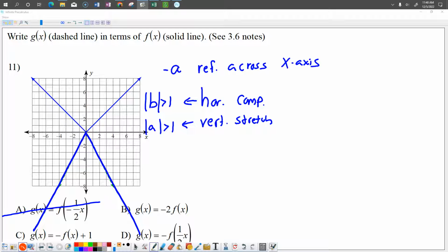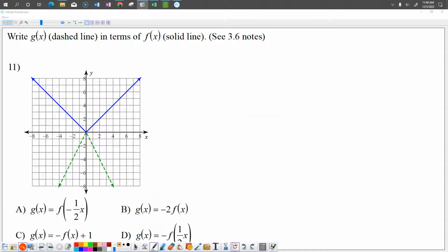The rest of them all have a negative A value. Next, we want to find one where the absolute value of A is greater than 1. Both of these have an A value of 1, so those are no good. And this is the only one that has an A value greater than 1. It looks like they didn't need the B value on this one. So remember, it doesn't have to be both of these. It could be one or the other. In this case, it was this one.